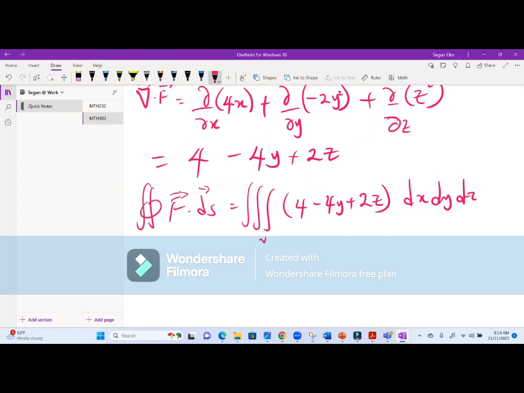But at this point, we need to change our variable and parameterization. We have to change of variable and parameterization. Because remember, we are changing variables to cylindrical coordinates, because we are working on a cylinder.